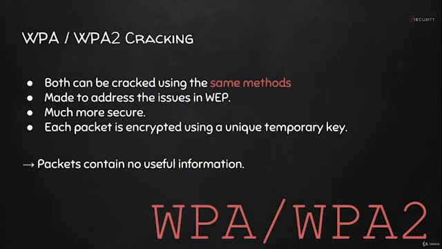Now, both of these encryptions came after WEP, and they were designed to address the weaknesses in it. Therefore, both of them are much more secure, and cracking them is more challenging. So, before we start talking about how to crack them, I want to cover a feature that, if enabled and misconfigured, can be exploited to recover the key without having to crack the actual encryption.